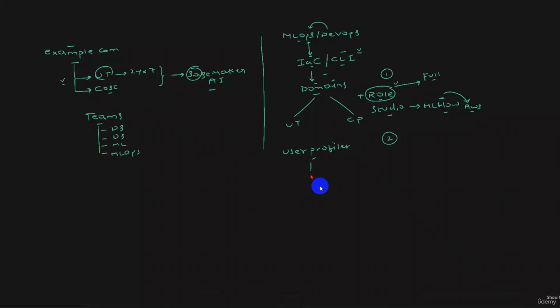So technically, MLOps engineers working on the setup set up 4 user profiles. Let's say one for the data scientist Alice, one for the data scientist Ram, one for ML engineer XYZ, and one for MLOps engineer ABC. 4 user profiles for 4 people working within the team.